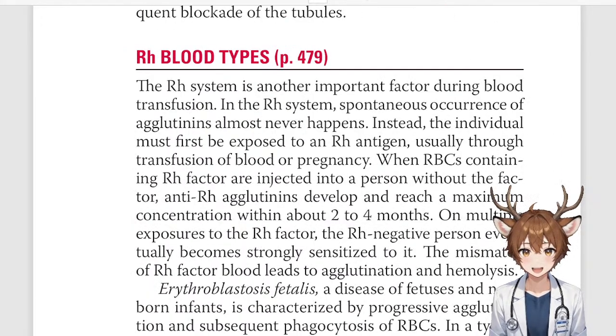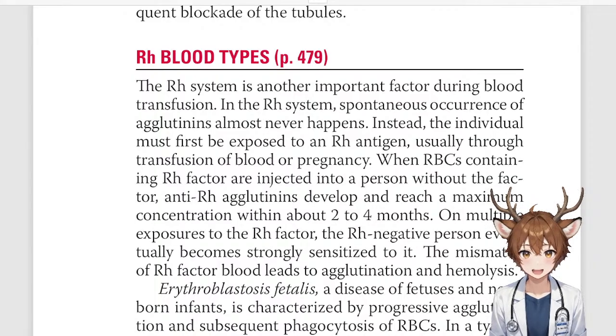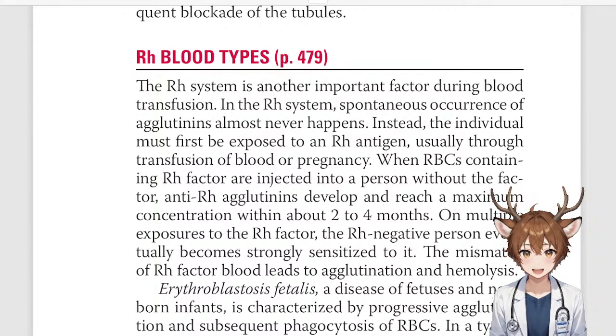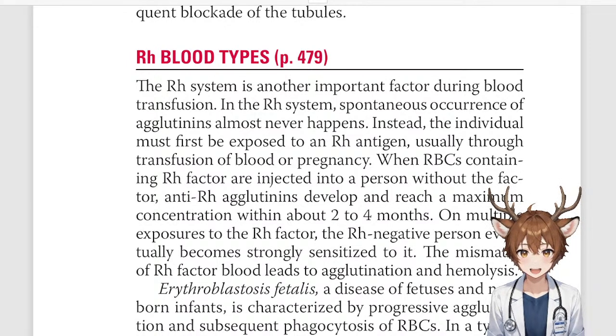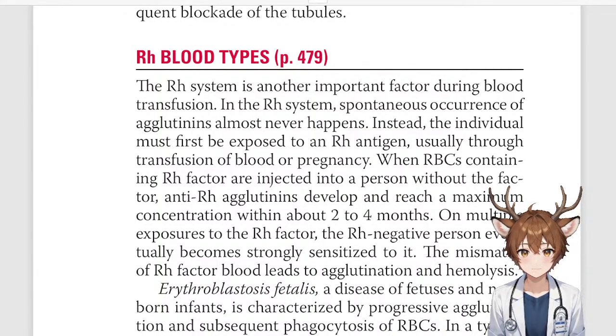So now going into RH blood types, it's a little bit different thing, a little bit different ball game. The RH system is another important factor during blood transfusion. In the RH system, spontaneous occurrence of agglutinins almost never happens. Instead, the individual must first be exposed to an RH antigen, usually through transfusion of blood or pregnancy.